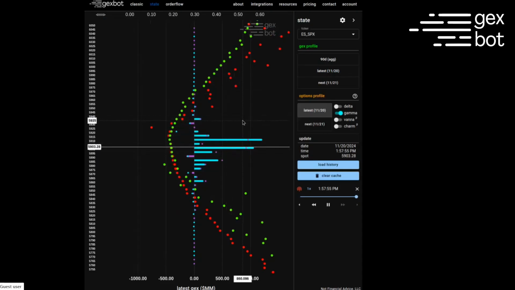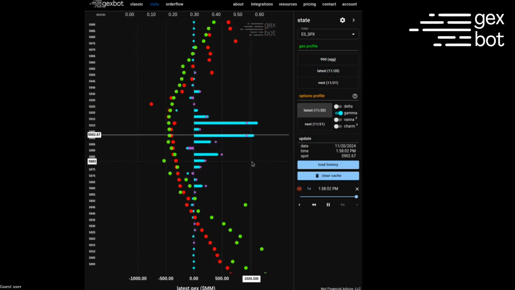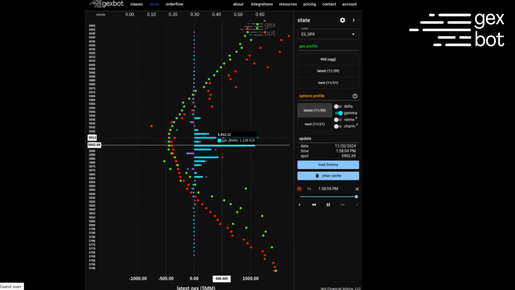When we say that we're looking at a customer view, and by customer view I mean a customer that went long gamma here or long gamma here, and that's their position, it's not quite true.